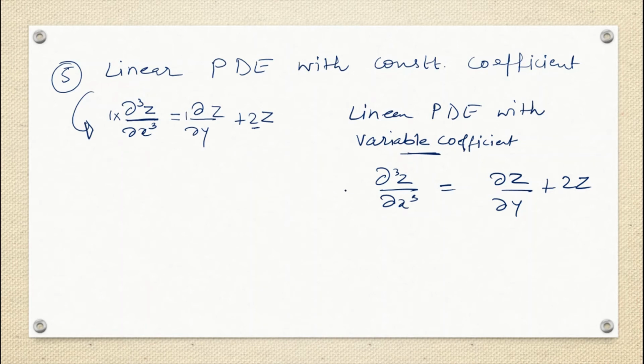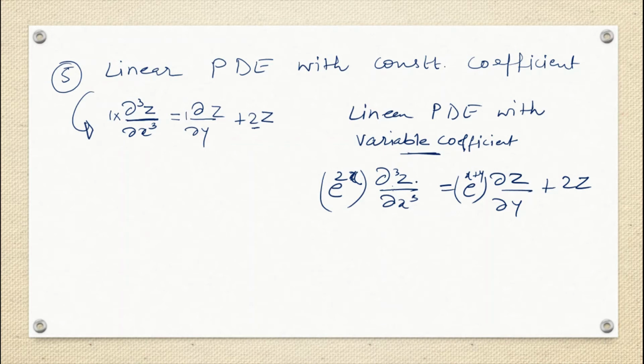So suppose I'm writing here e raised to 2x, or any function with respect to y, suppose e raised to x plus y. So these are the coefficients of this partial differential equation, but these coefficients actually depend on the variable. So this is the variable coefficient, right?